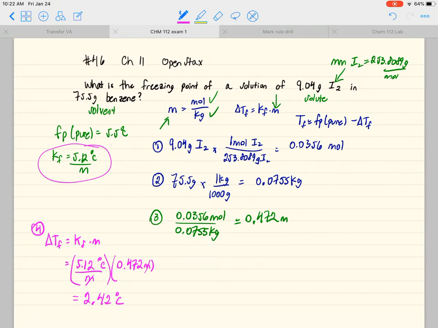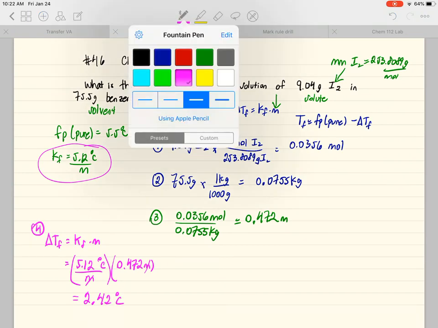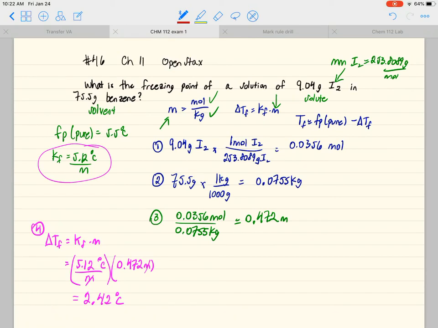Okay. Now what we want to do, it's very important that you carefully use this formula and don't omit this step. Now, the actual freezing point of the solution, okay, this is the solution, is going to be equal to the freezing point of the pure solvent, that's pure benzene in this case, minus this change in freezing point we've calculated.